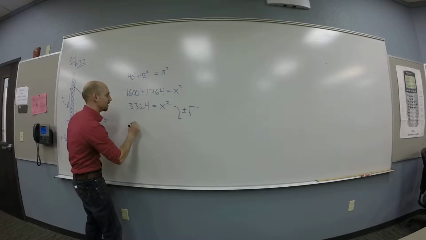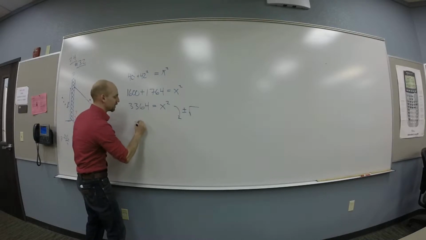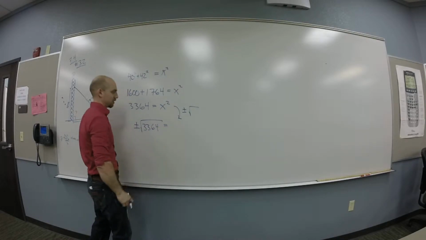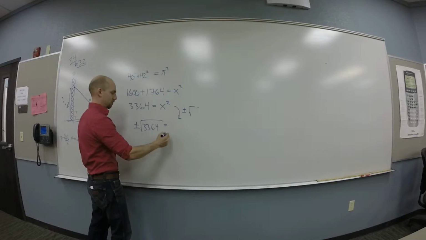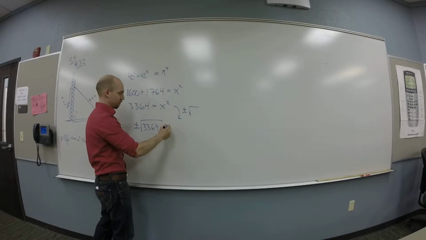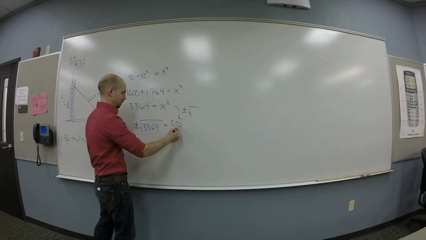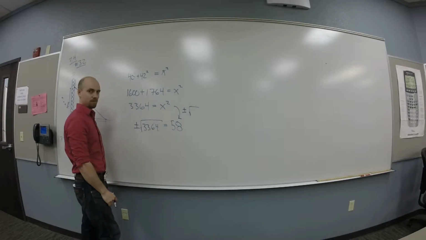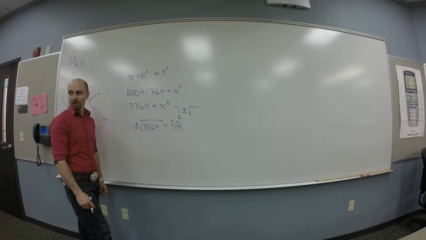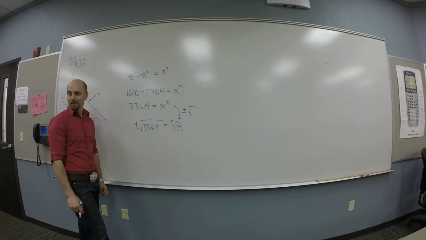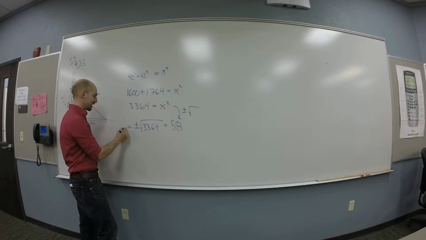So I've got plus or minus the square root of 3364 is 58. I don't like this. Why don't I like this? You lost your X. Yeah, I lost an x, right?